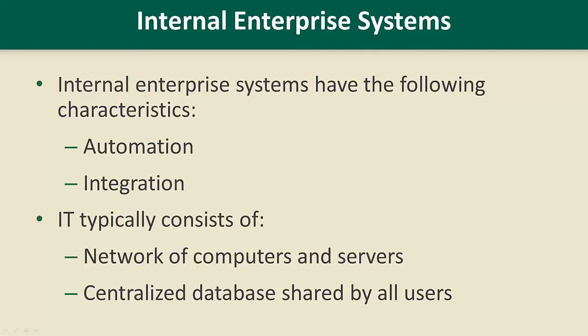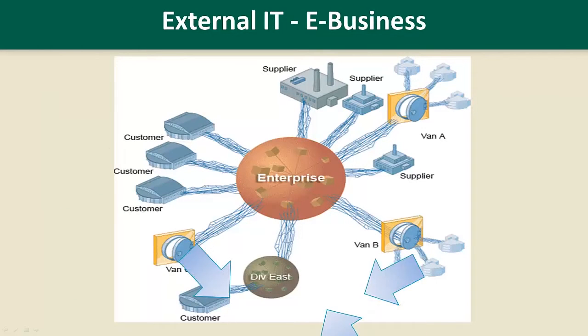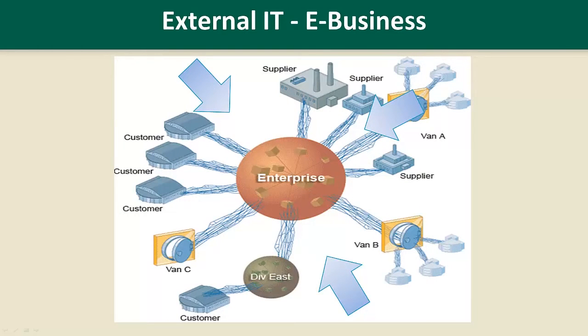That is, it is computerized and is integrated in the sense that all the major business functions, purchasing, HR, payroll, etc., are all interconnected and interactive. This IT environment typically consists of a network of computers and servers interconnected and a centralized database shared by all of the users. Now let's look at the external IT environment.